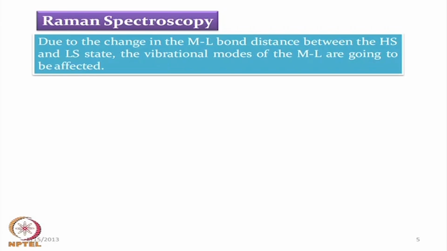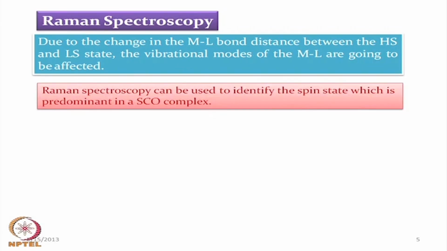So, this simple assumption is useful to tackle this complex situation for the spin crossover complexes by using Raman spectroscopy. It can therefore be used to identify the spin state, that is, which particular spin state is dominating in an SCO complex.